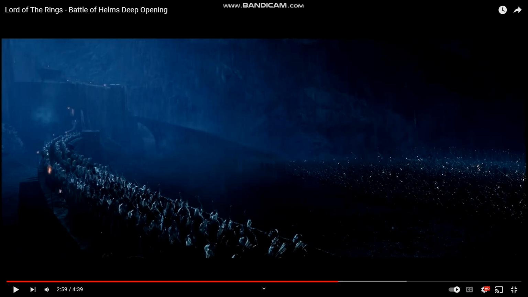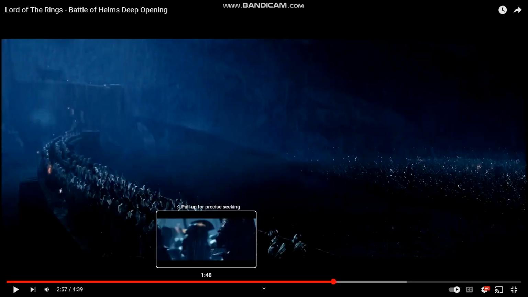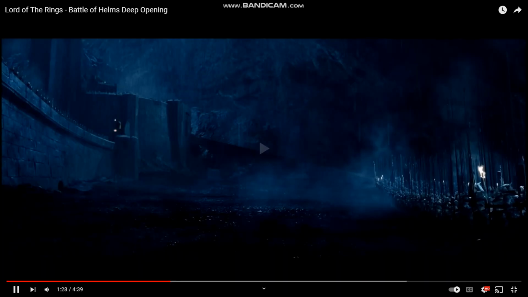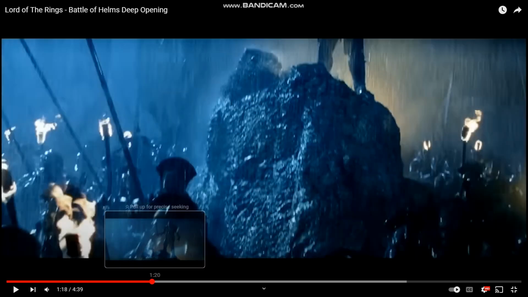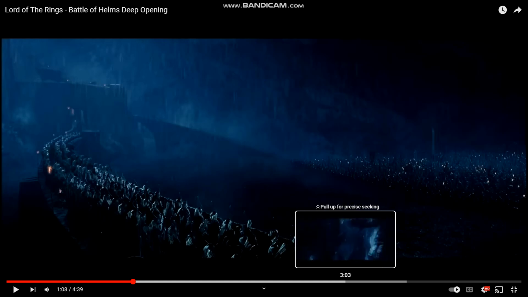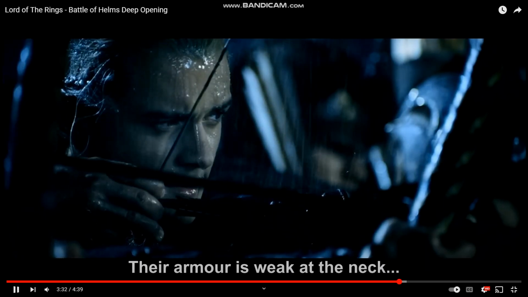And now we see overhead angle, the use of CGI, and we saw this shot already back here, but here we also got a ground perspective of how tall the castle is and perspective of the ground. But we also had an overhead perspective right here, and now it's reused right here when the battle actually starts.